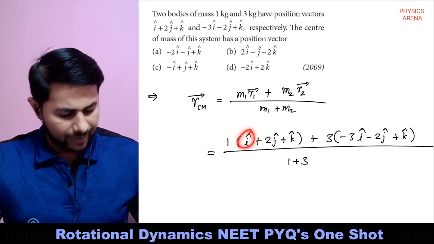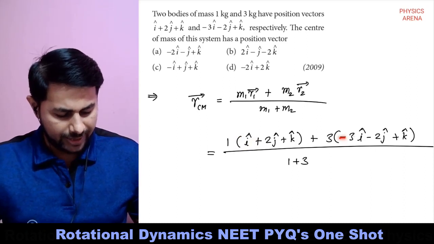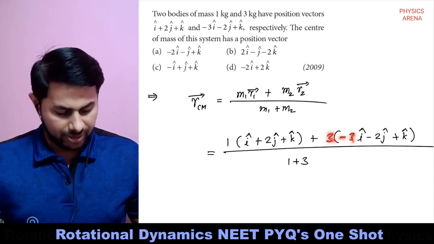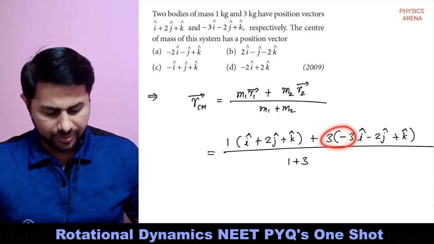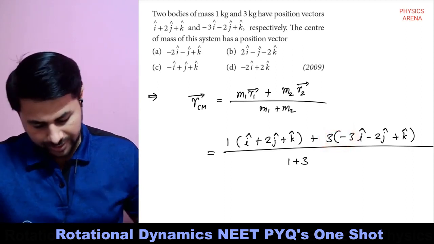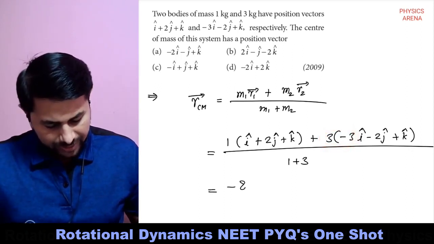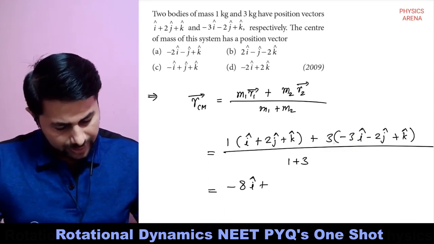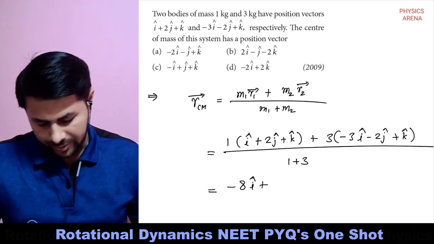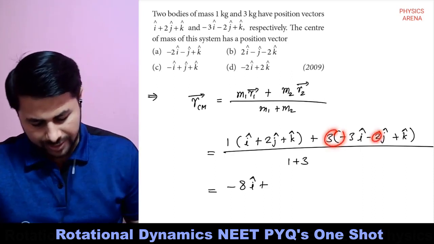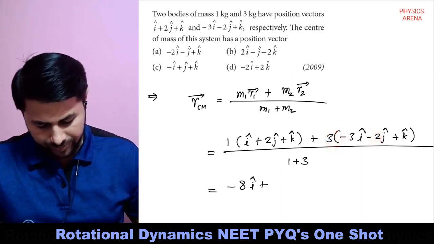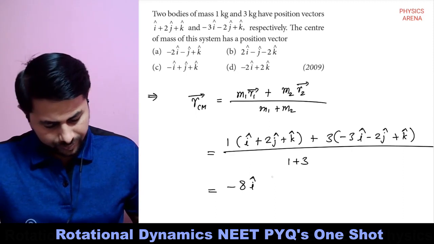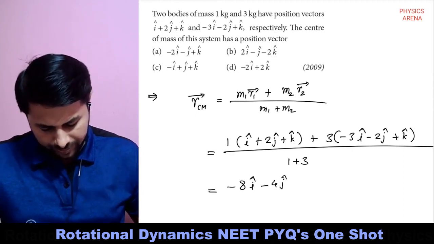Now for i cap, minus 3 times 3 is minus 9, plus 1 gives minus 8 i cap. Then 2 plus 3 times minus 2, which is minus 6, gives minus 4 j cap.